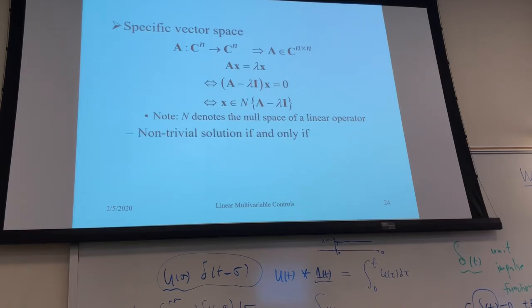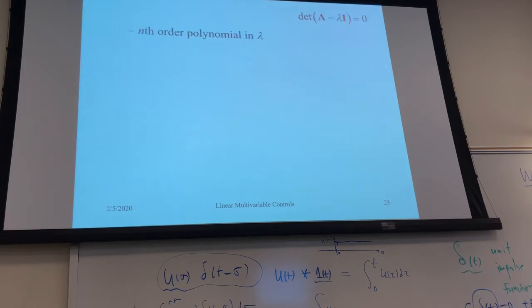Non-trivial means x is non-zero, so the null space cannot be just 0. That means the rank of A minus lambda I is less than n. If it were n, x must be 0. So you have the determinant of A minus lambda I equals 0, which means the rank is less than n.